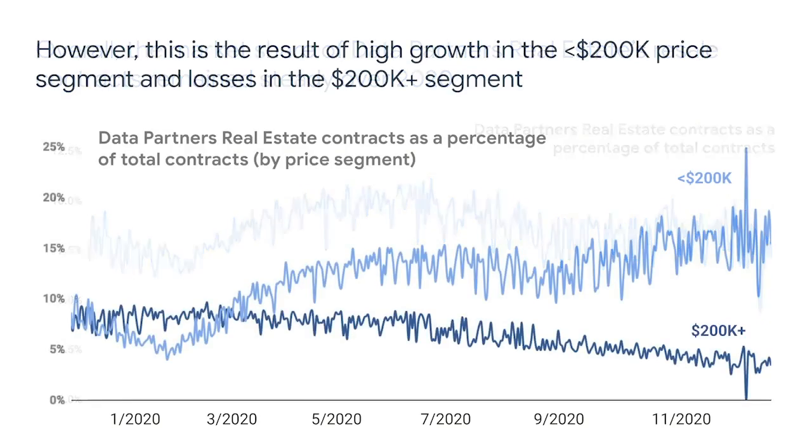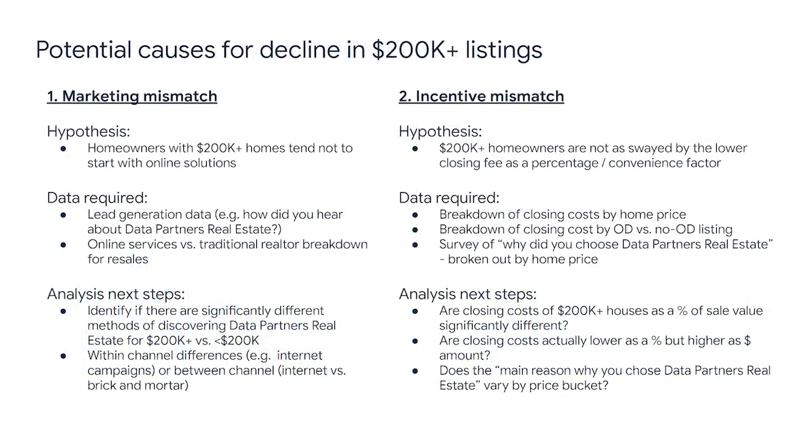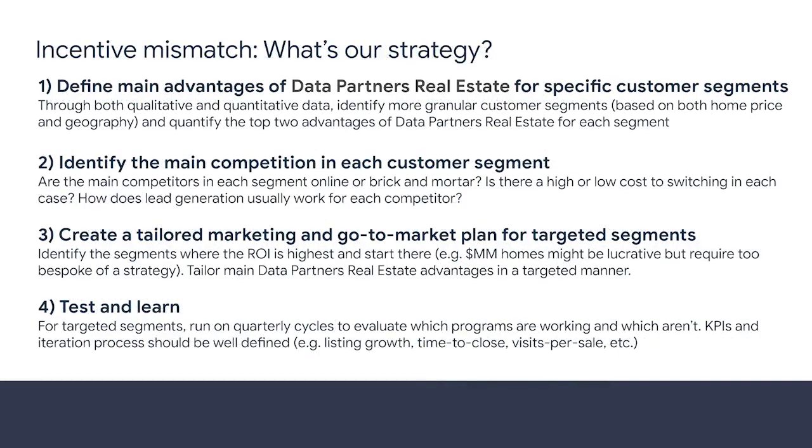And they explain that this is the result of high growth in one area and losses in another. Then, they explain this gap and outline some potential causes. And in the speaker notes, they've added some key assumptions they've made. To wrap it all up, they've acted on the data by providing recommendations for the business to consider.